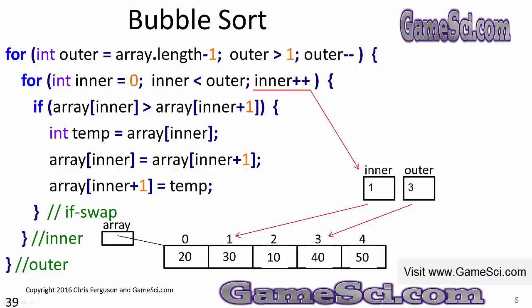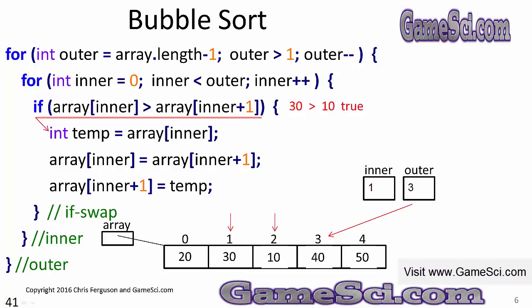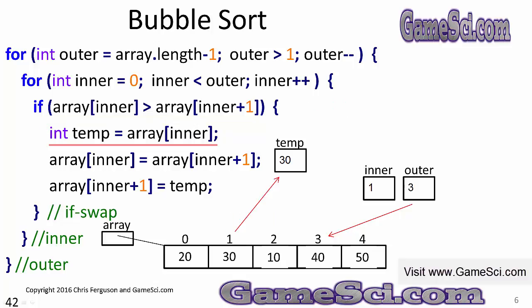Something's going to happen here. 1 less than 3 is a true statement. As a true statement, it will enter the for loop and execute the if. Array sub inner 30 greater than array sub inner plus 1, that is a true statement. 30 and 10 are out of position, so it's time to swap 30 and 10. The temporary variable gets array sub inner.